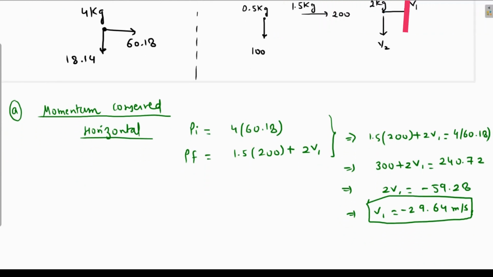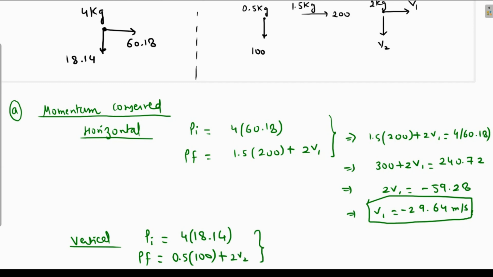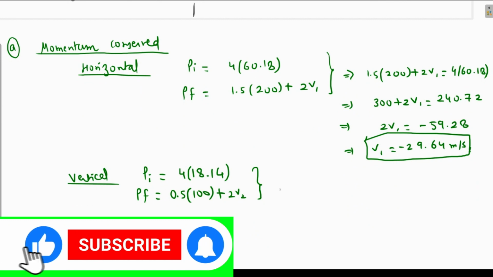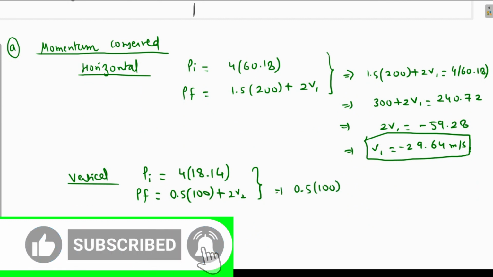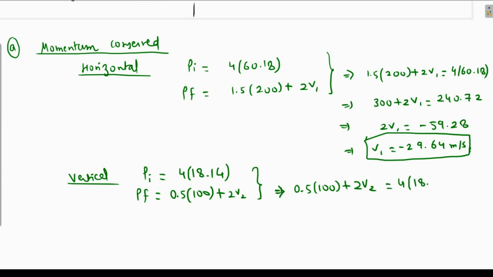Likewise, we are going to conserve the vertical momentum as well. The initial momentum is 4 times 18.14, and the final momentum is 0.5 times 100 plus 2 times v2. So 0.5 times 100 plus 2v2 is equal to 4 times 18.14, which is 72.56.